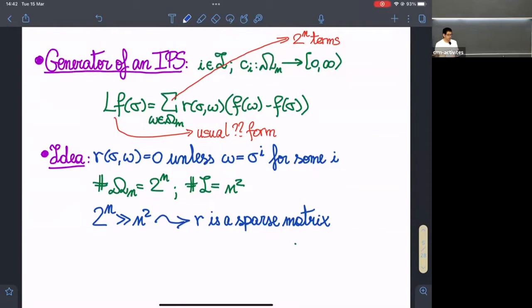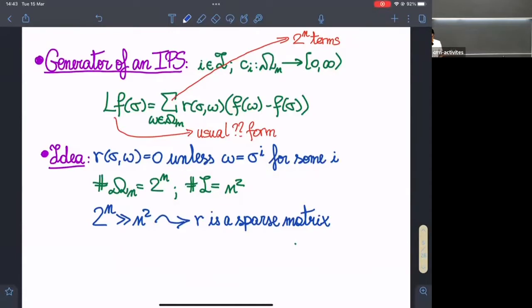If you look at an interval of size delta, you will see a jump from sigma to omega with probability approximately equal to delta times r of sigma omega. So that sum there represents how much you expect the function f to change in a small time interval. And this is the usual form in which you write the generator of a general Markov chain.